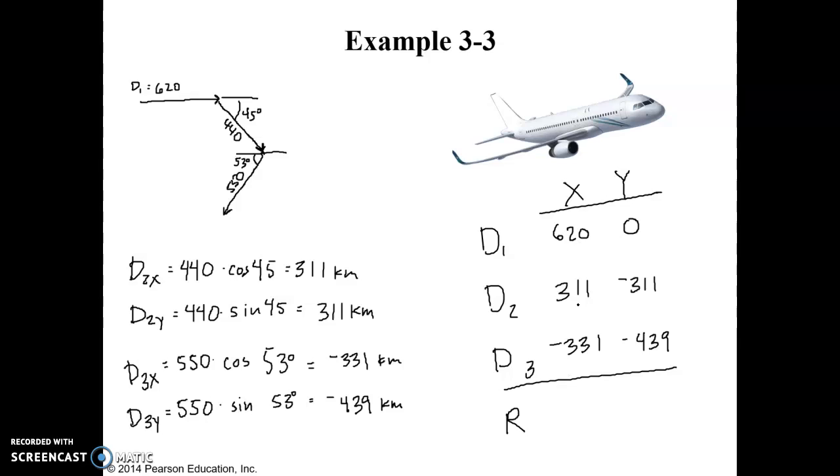So 620 plus 311 minus 331 gives us positive 600 kilometers in the x direction, and 0 minus 311 minus 439 gives us negative 750 kilometers. So these are the x and y components of the resultant.